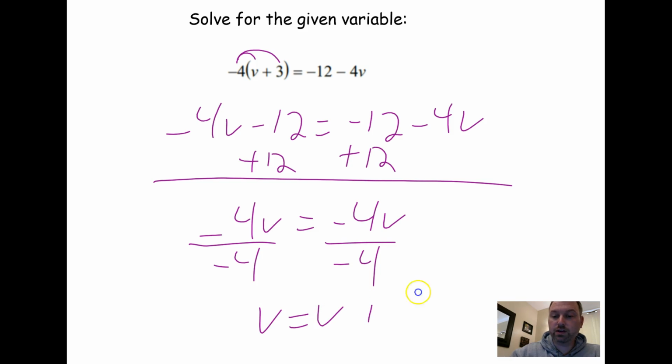When you're solving an equation, that looks like a proper check. That should tell you, wait a minute, it's either no solution or infinitely many. And v does equal v, so that makes sense, that works. So there must be an infinite number of solutions.